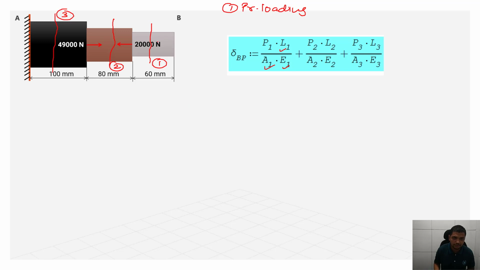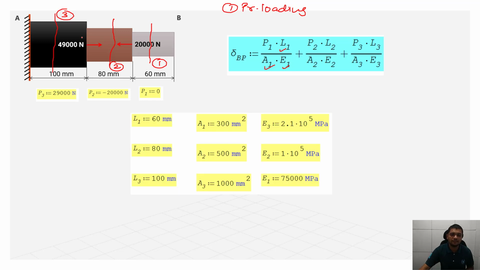So on the right hand side of point 1, P1 equals 0. For P2, on the right hand side it's minus 20,000 at the second point, and at the third point we have minus 20,000 and plus 49,000, that's 29,000. So P1 is 0, P2 is minus 20,000 and P3 is 29,000.